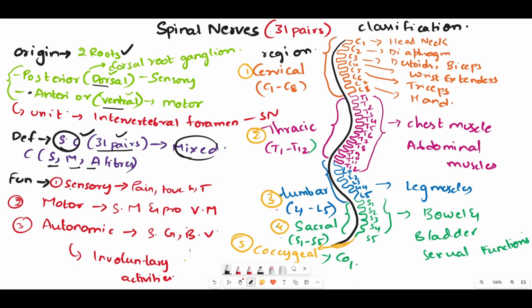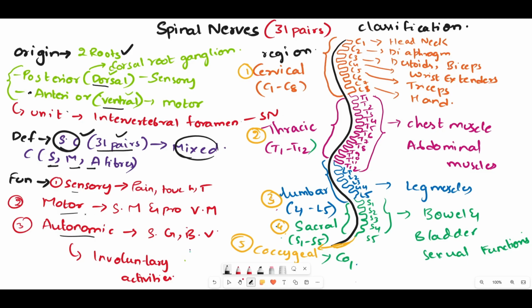In the functions, these have 3 main functions. Because all of these are mixed nerves, they perform sensory function, motor function and autonomic function. In the sensory functions, they are useful for knowing sensations like pain, touch and temperature from the skin, muscle and joints to the spinal cord.